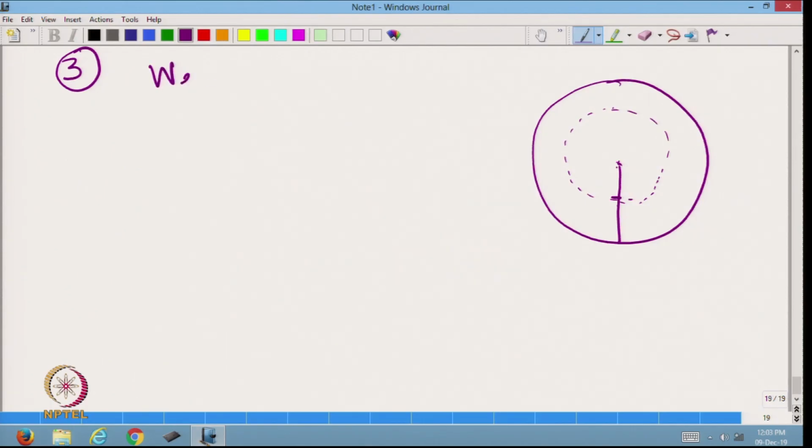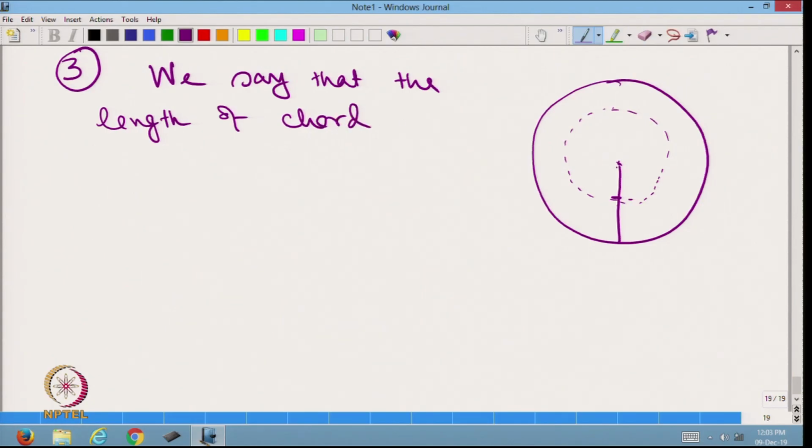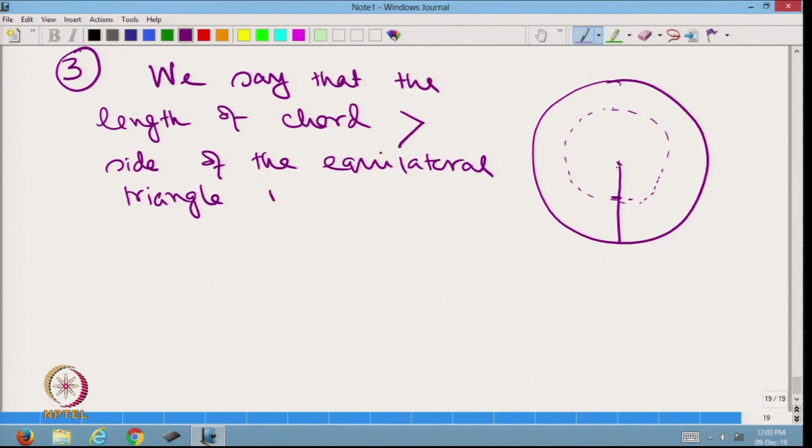We say that the length of the chord will be greater than the side of the equilateral triangle if the midpoint of the chord falls somewhere inside this circle.